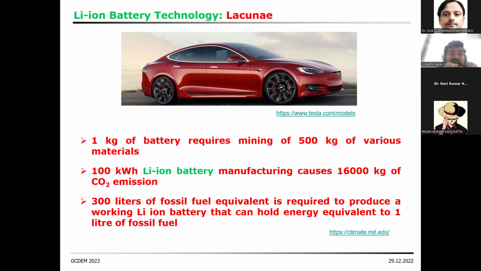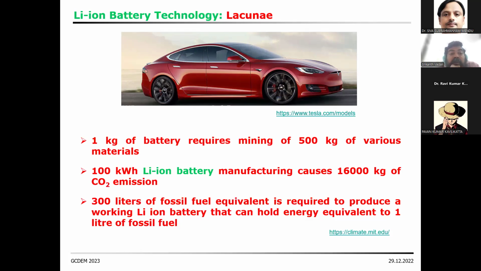If you take that 100 kilowatt hour lithium-ion battery stack sitting in the car, it causes about 16,000 kilograms of carbon dioxide emission. In terms of fossil fuel, if I want to make a lithium-ion battery which can hold the energy equivalent of 1 liter of fossil fuel, that means some energy is stored, equivalent to burning 1 liter of fossil fuel.